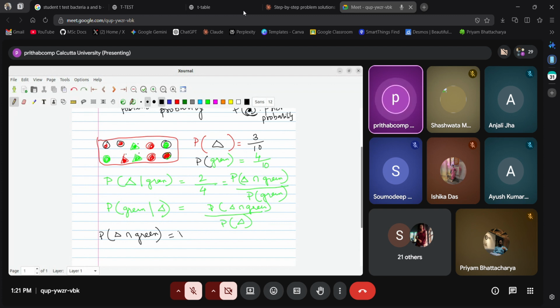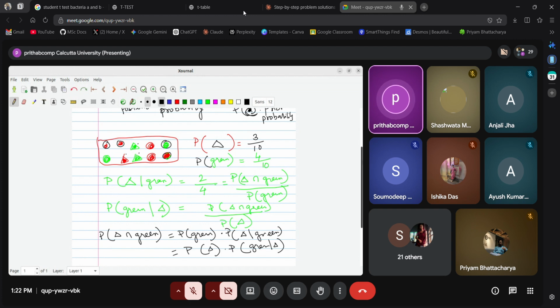So this can be written as probability of green into probability of triangle given green, or it can also be written as probability of triangle into probability of green given triangle, right?